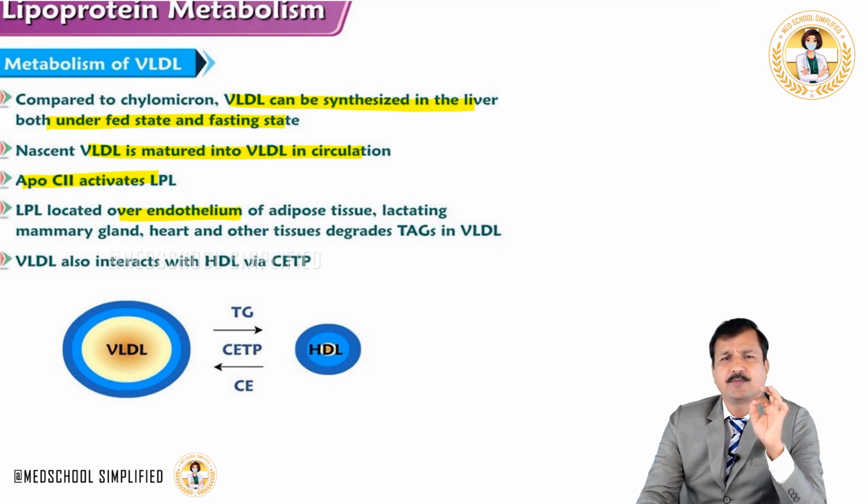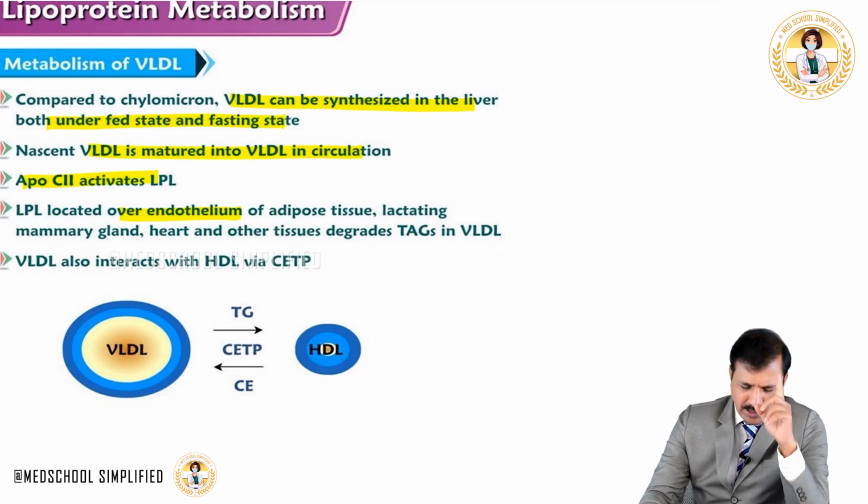And remember, lipoprotein lipase is induced by insulin. Also, we have tissue-specific lipoprotein lipases. Adipose tissue lipoprotein lipase has a higher Km, having lower affinity, whereas heart-type lipoprotein lipase has a lower Km, having higher affinity.